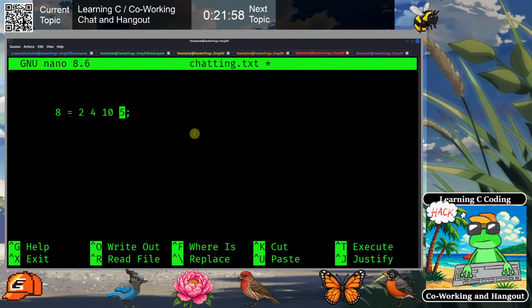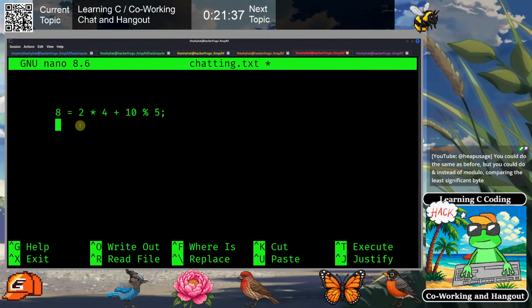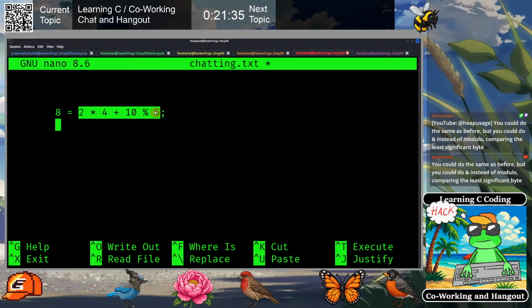I mean, we could also do like the modulo trick again. So 10 modulo 5 is 0, and then it's 2 times 4 plus 10 modulo 5, and this gives us 8, or it should. I mean, if we run it through Python, you could do the same as before, but instead of modulo, comparing the least significant byte.